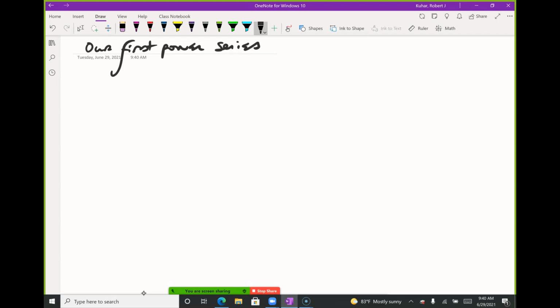And it turns out to be the sum of n equals 0 to infinity of x to the n. And I need you to remember that x to the 0 is allowed. All of a sudden it's allowed.